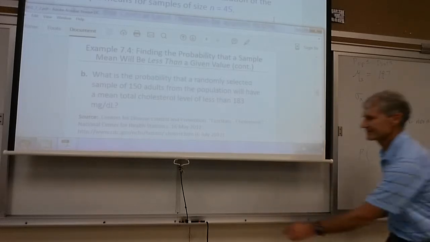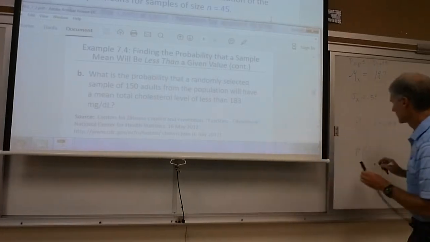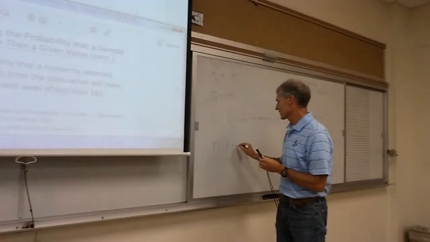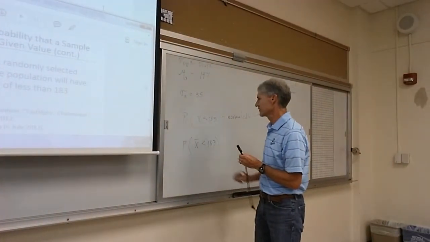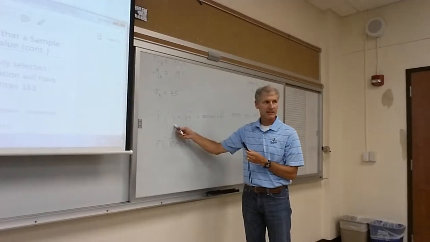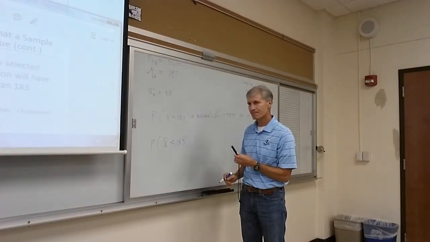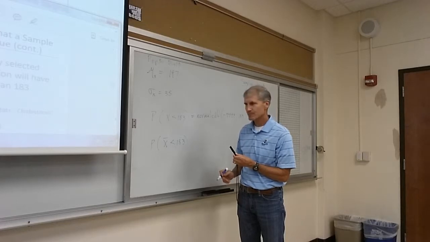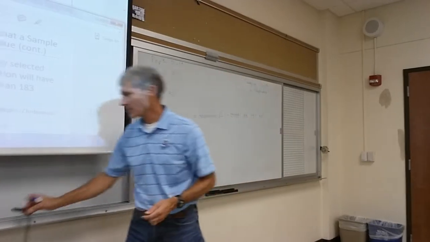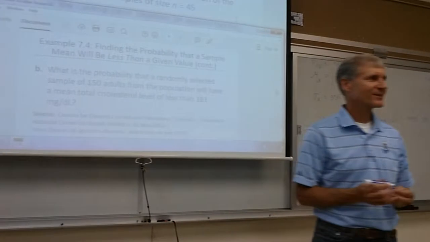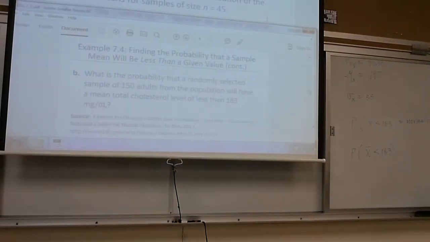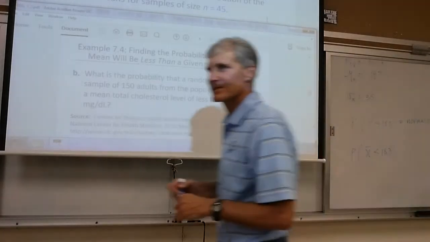X bar being less than 183. This one's X, this one's X bar. Okay? So now work that. Hint, you'll have to use the central limit theorem. Let's see, I'll start on this side of the room this time.